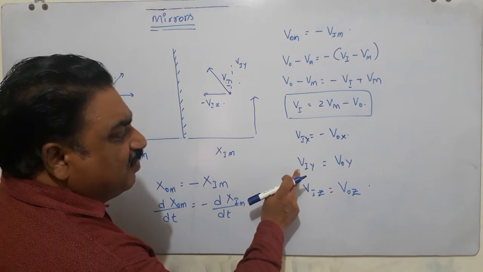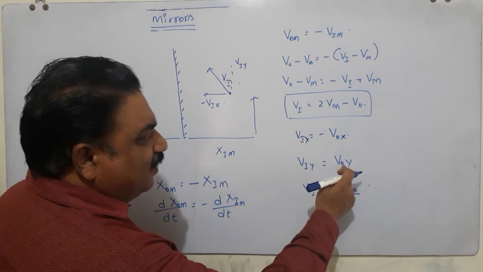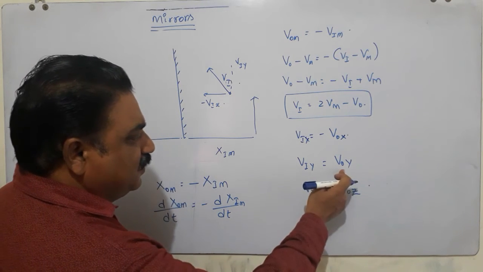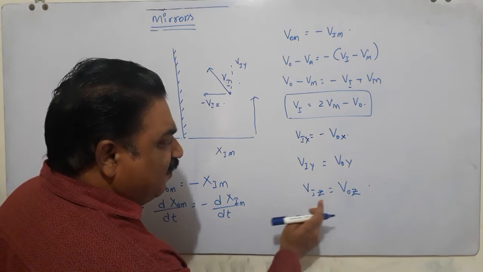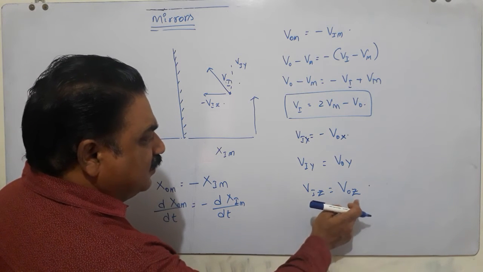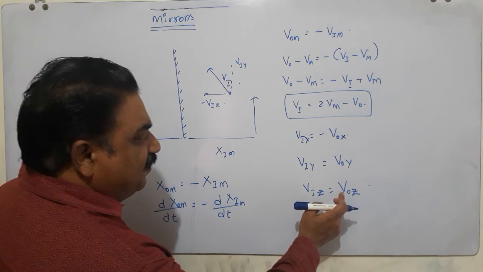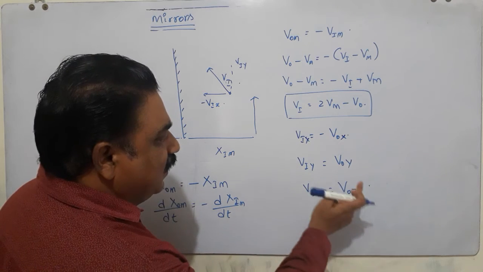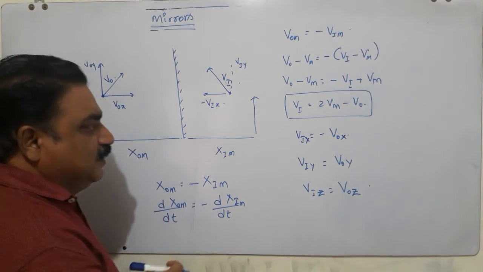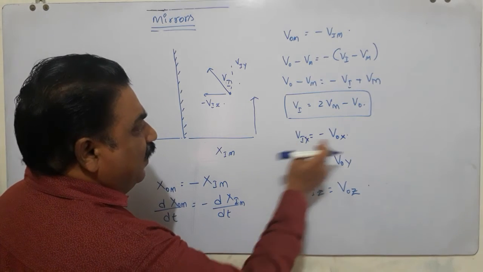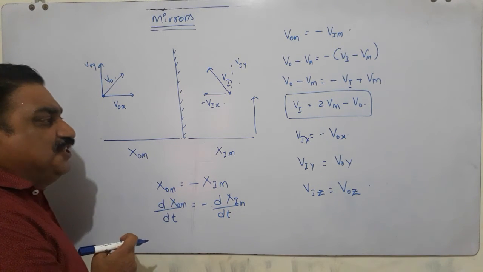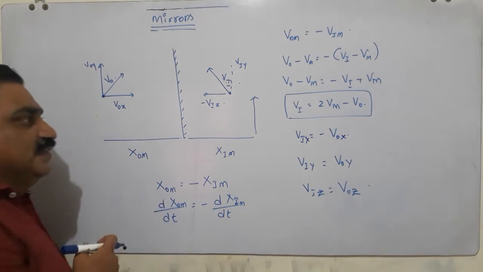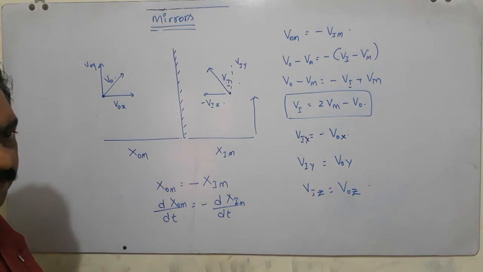Keep in mind, velocity of image and object along the y direction are both positive here. Similarly, in the z direction also, they are the same. If you take V0 negative, Vi is negative, both along the z and y axes, but only in the x direction is the velocity opposite. That means it is assigned negative. It is very important to keep in mind.